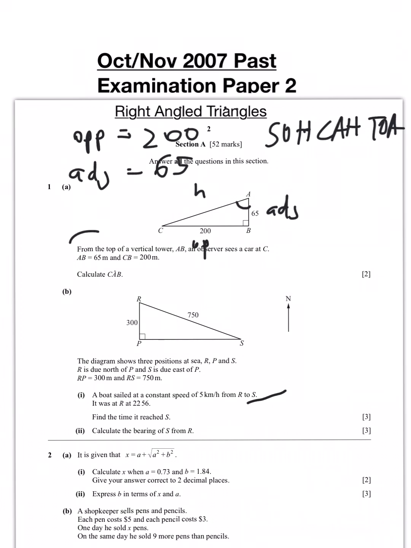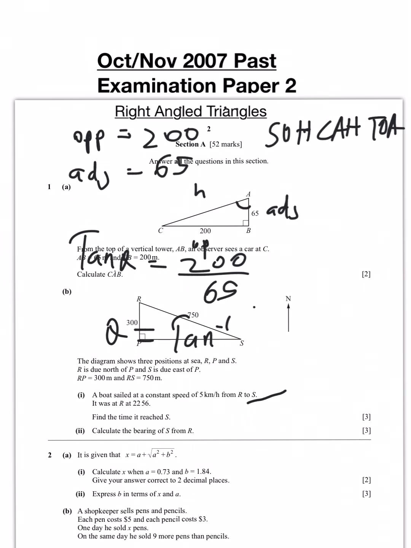So tan theta is equal to our opposite, 200, over adjacent, which is 65. So theta is equal to arctan of 200 over 65.